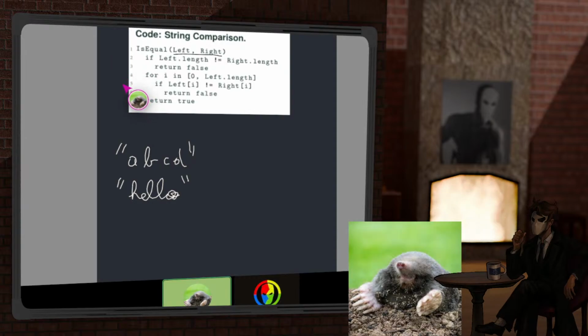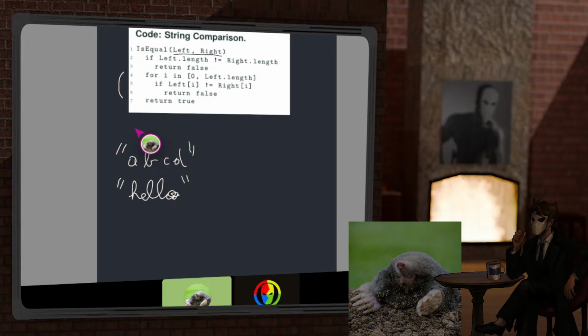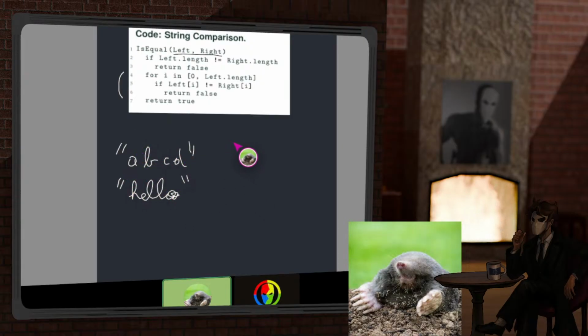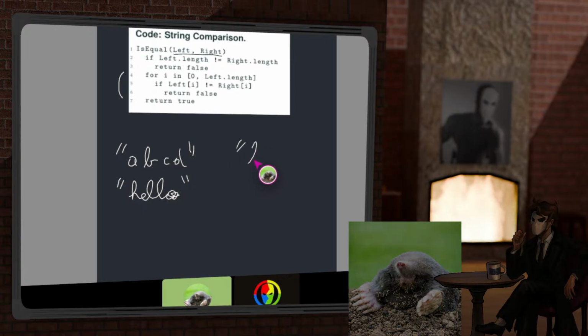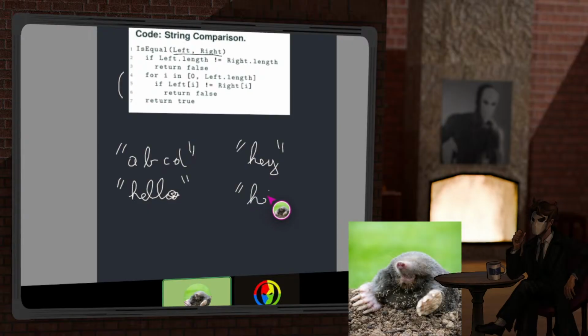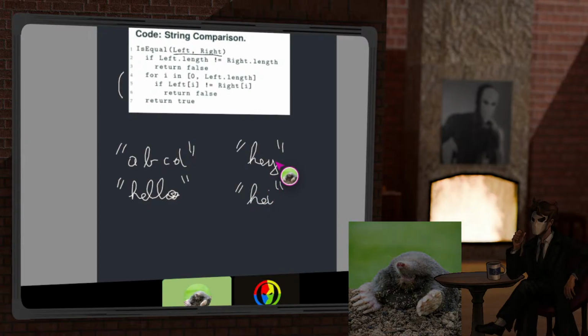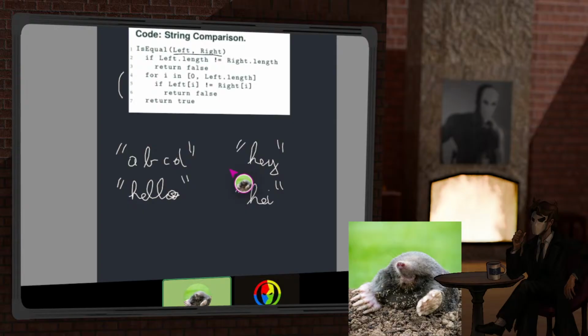But if they have the same length, we have to start comparing each character in the string. Here, if we take hey and hey, our algorithm would start with the first character. Is it equal? Yes.